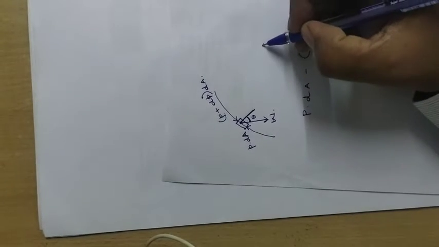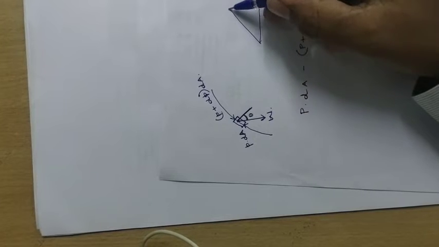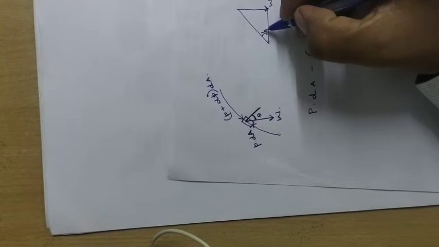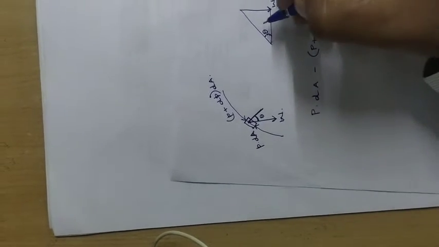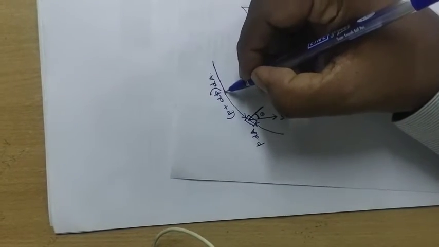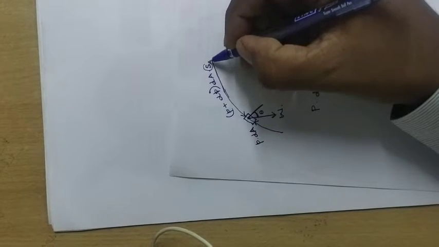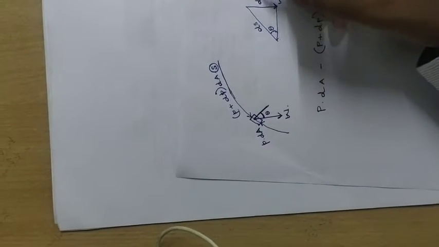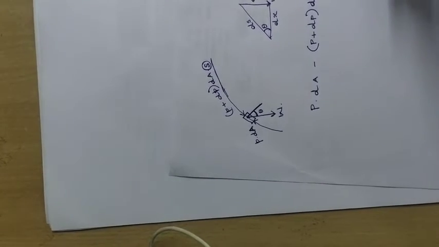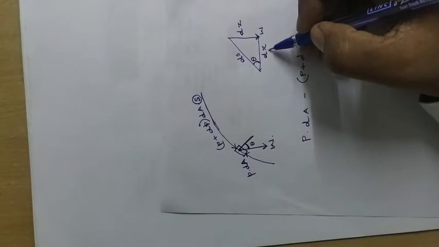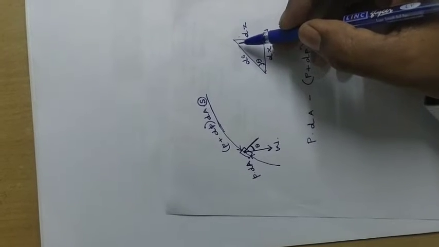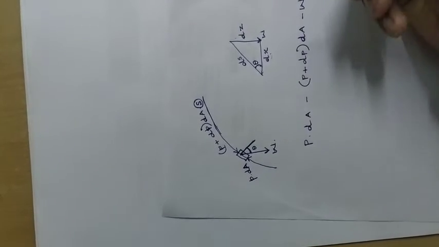Because if you make a triangle like this, your self weight is here, this is your W, theta will be here, right? This is the S direction, the flow direction. And this is the Z direction, and here it will be the X direction. The displacement in X direction is dx, in Z direction dz, along S direction ds, right?